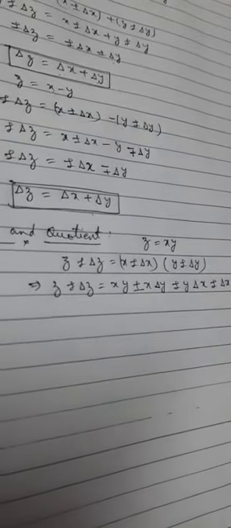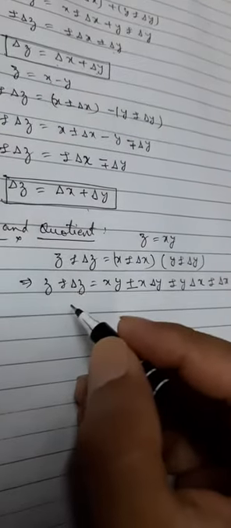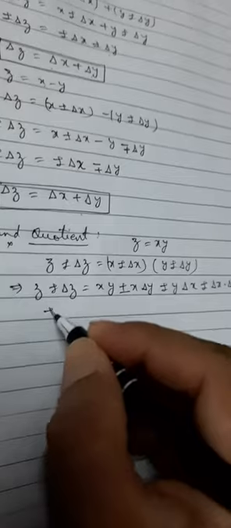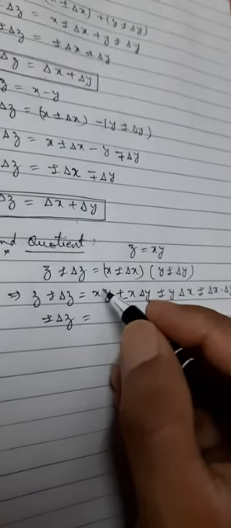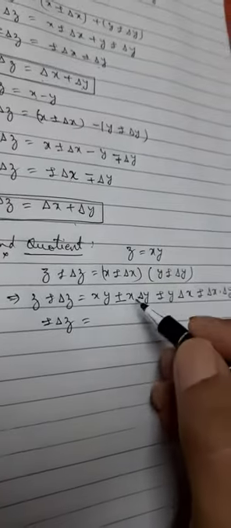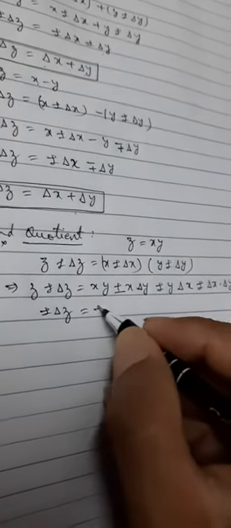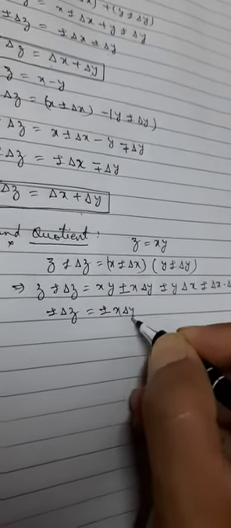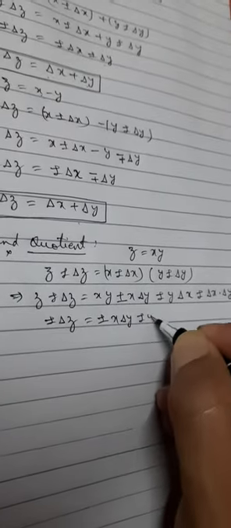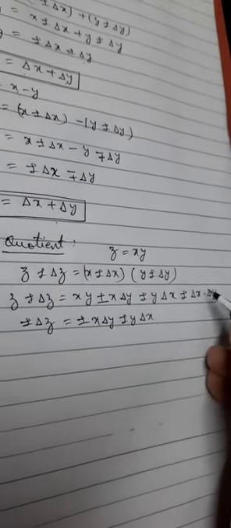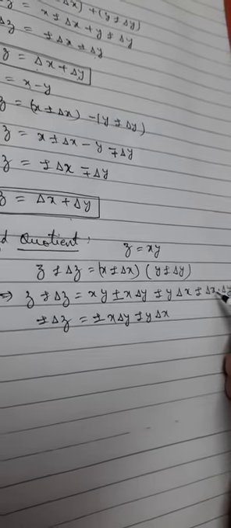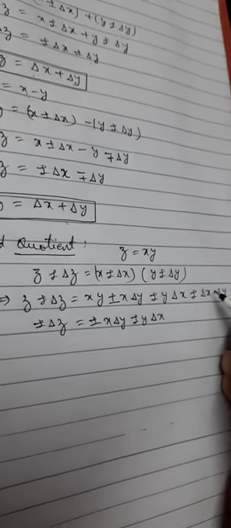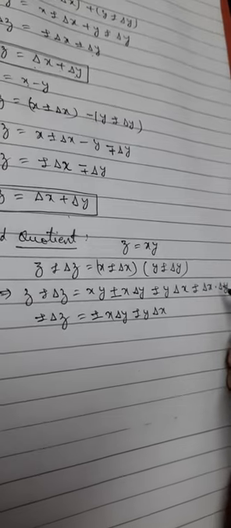Now we have to decide the surviving terms here. Taking the limiting error only, it is plus minus delta z. No limiting error is in xy, so it will be neglected. This one has the limiting error, so you write x delta y. This one also has the limiting error, y delta x. But in this last term both are limiting errors, and limiting errors are very small.